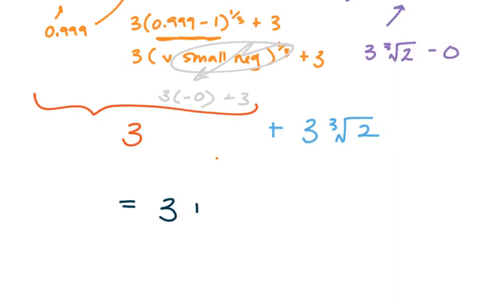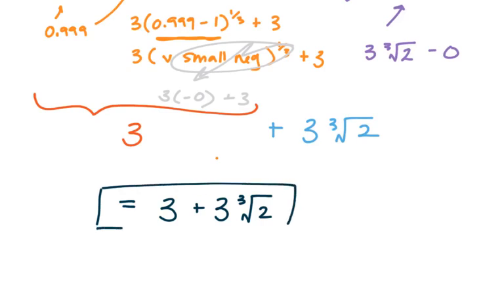So I've got 3 plus 3 times the cube root of 2. This improper integral converges to this finite value, which gives the area under the curve from 0 to 3 of this rational function. As always, please email me if you have any questions.